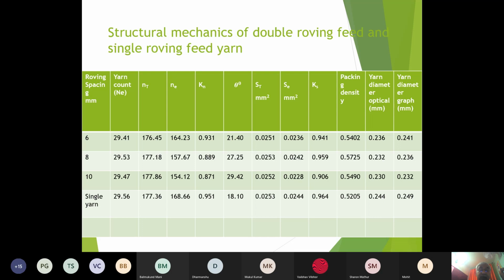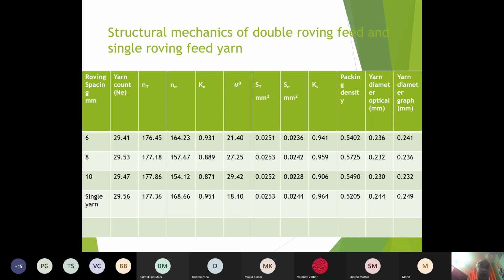Here my packing density is lesser, and here packing density is more. So now we have to explain why the number of fibers is not helping to increase the packing density. Some other factor is influencing the packing density of the yarn.